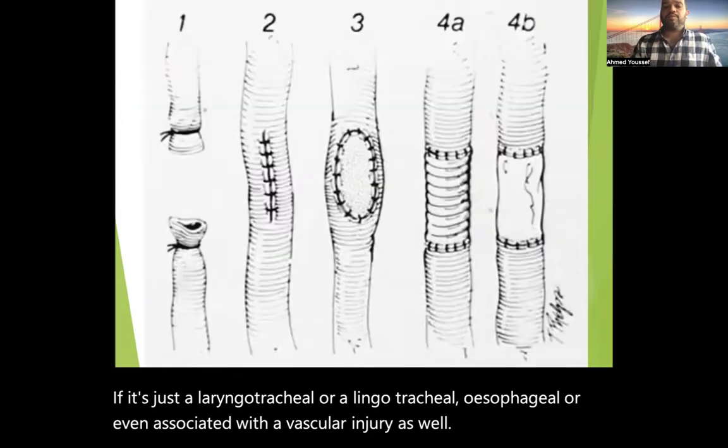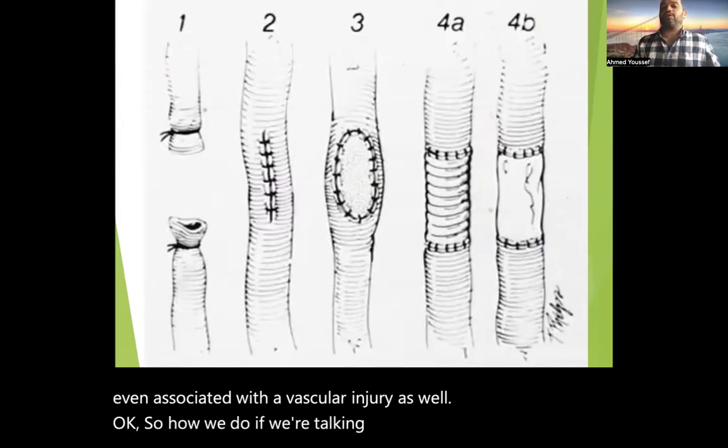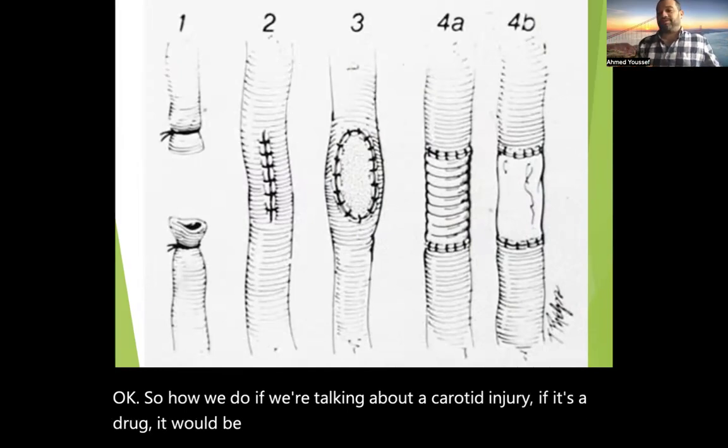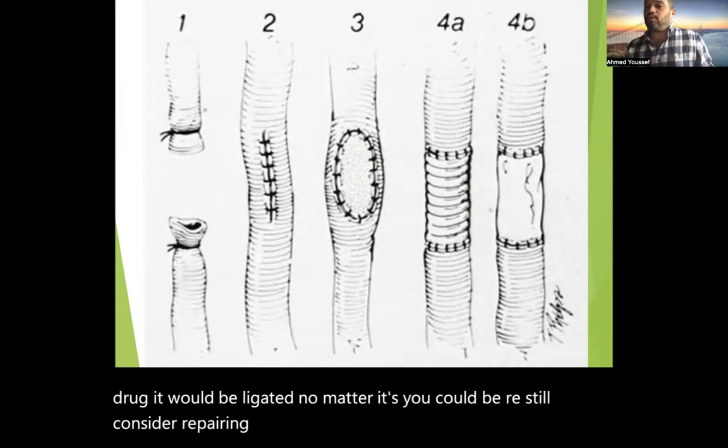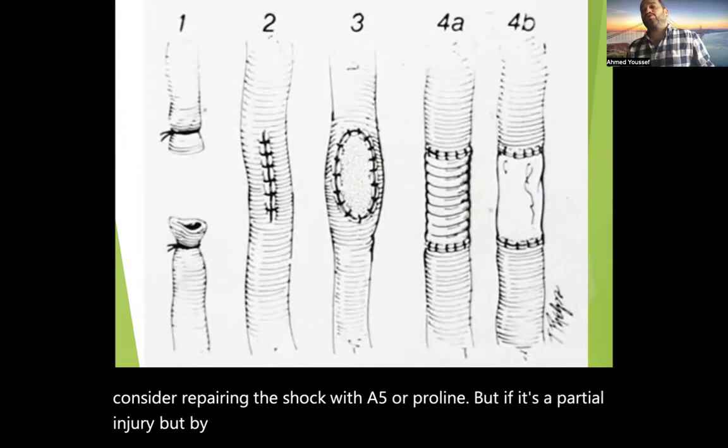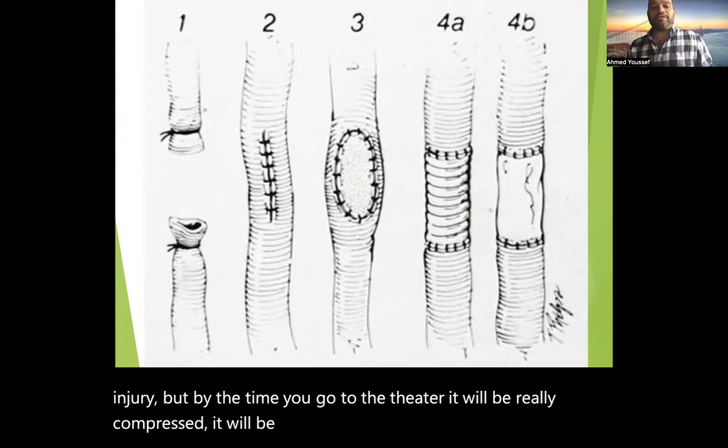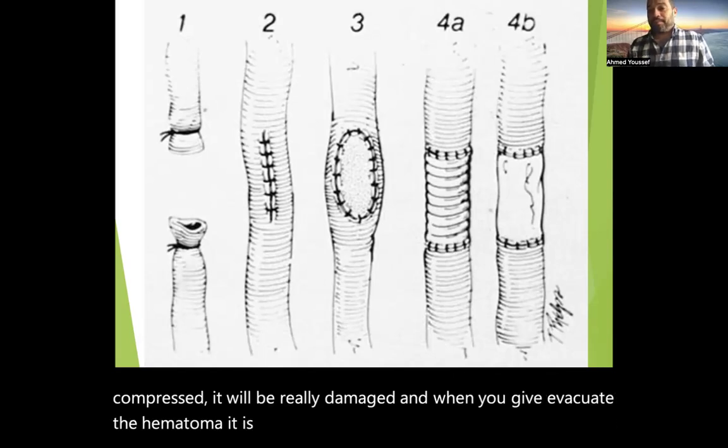Okay, so how do we manage a carotid injury? If it's a jugular, it will be ligated, no matter. You could still consider repairing the jugular with a 5-0 Prolene if it's a partial injury, but by the time you go to the theater, it will be really compressed and damaged, and when you evacuate the hematoma, it is not easy to repair, to be honest.